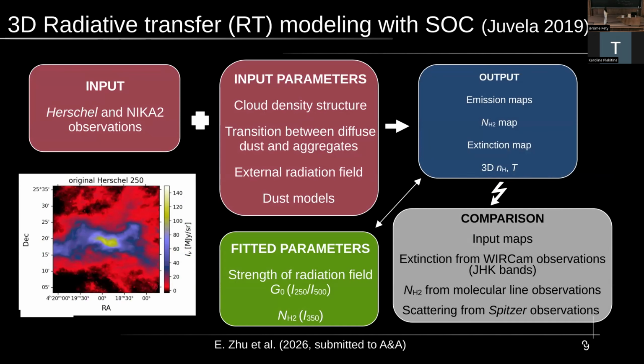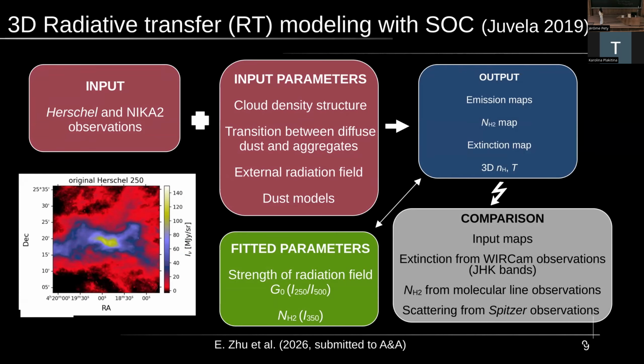So now we move on to the radiative transfer modeling. For people who don't know SOC, here's an illustration of how it works. SOC takes inputs as the Herschel and NIKA2 observations. And also there are some other input parameters that are user-defined. And I will go into details in these in my next slide.